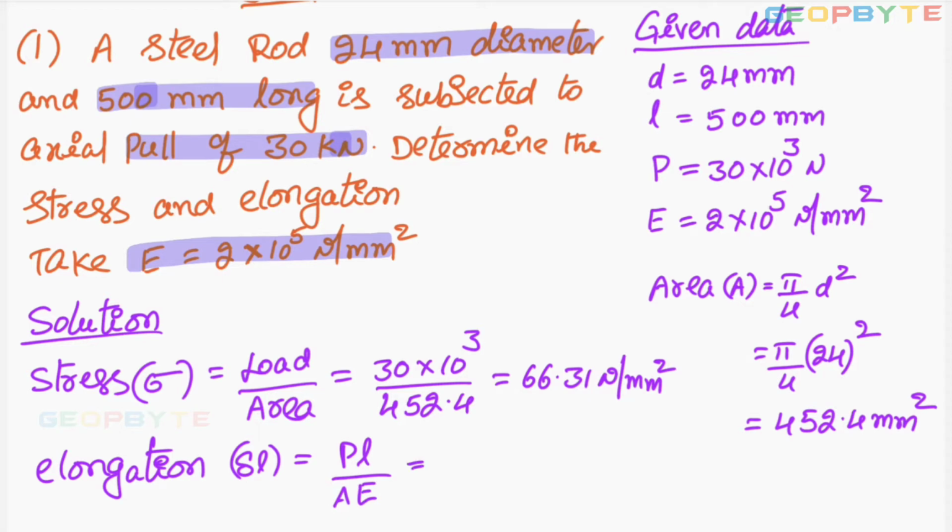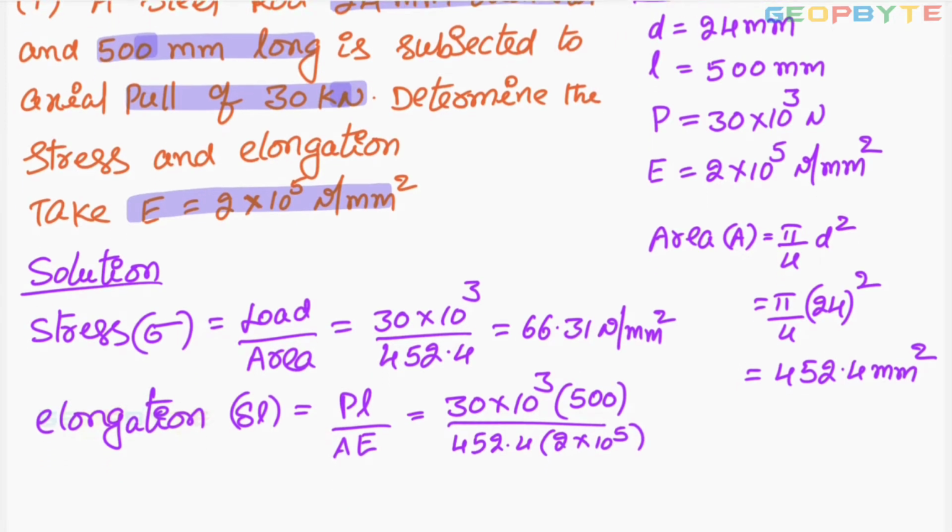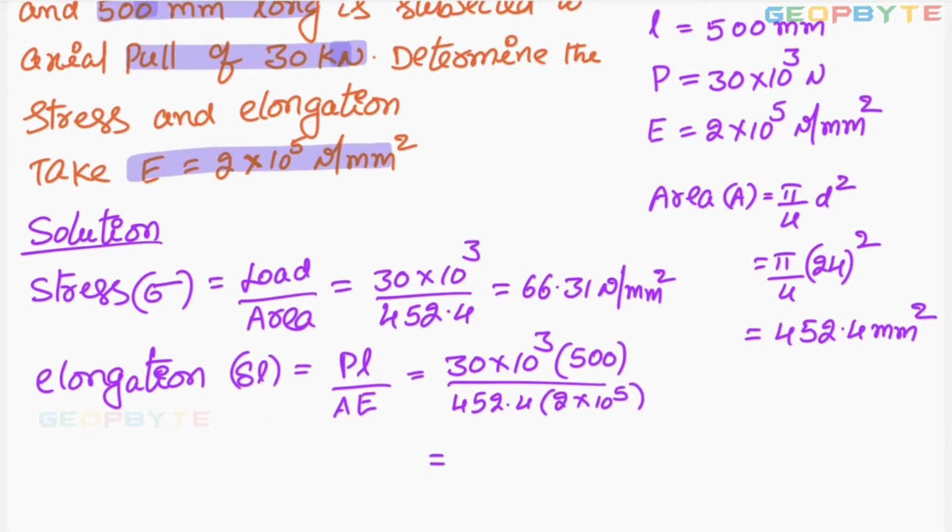Here P is 30 into 10 power 3, L 500, divided by area 452.4 multiplied by 2 into 10 power 5. You simplify this value for getting the change in length, 0.166 millimeters. I hope you understood.